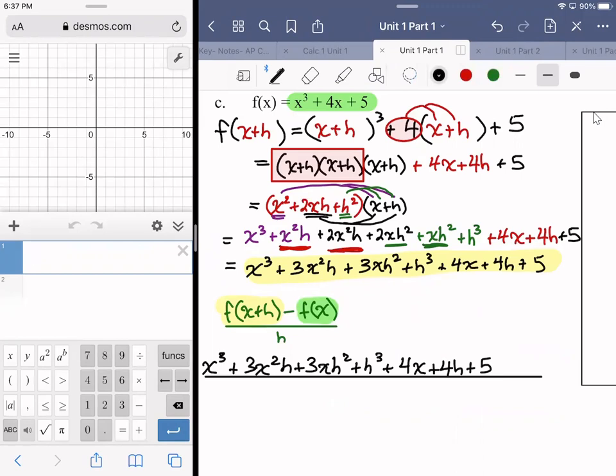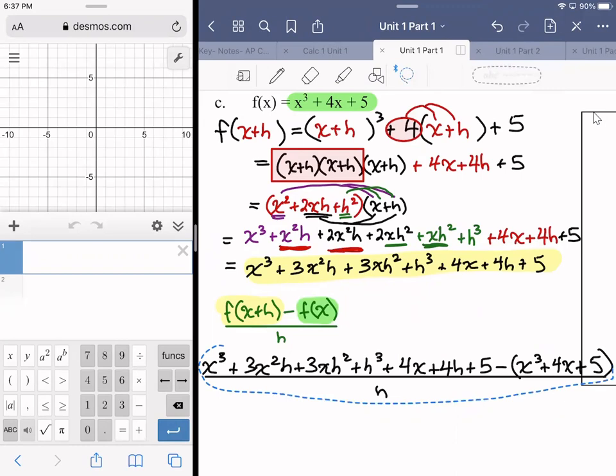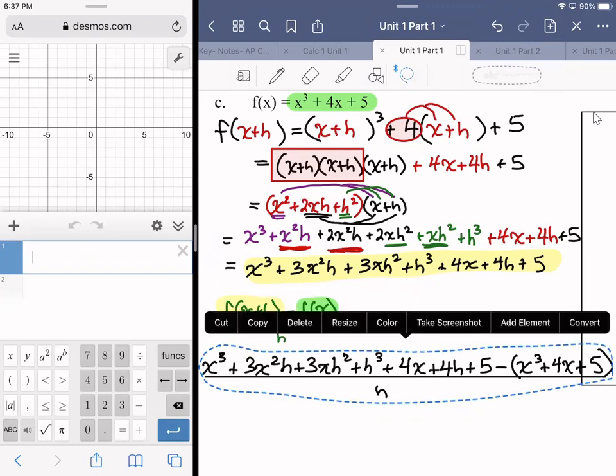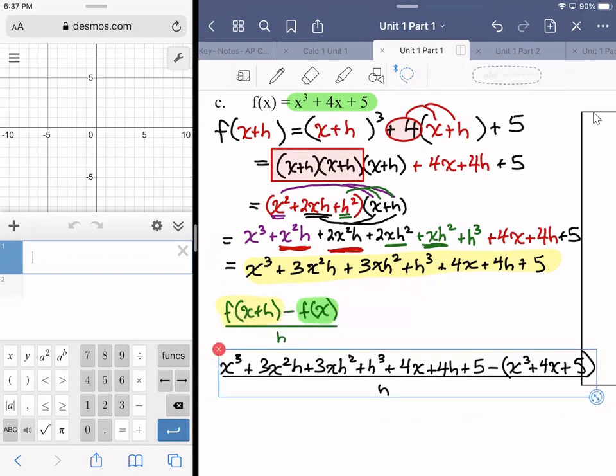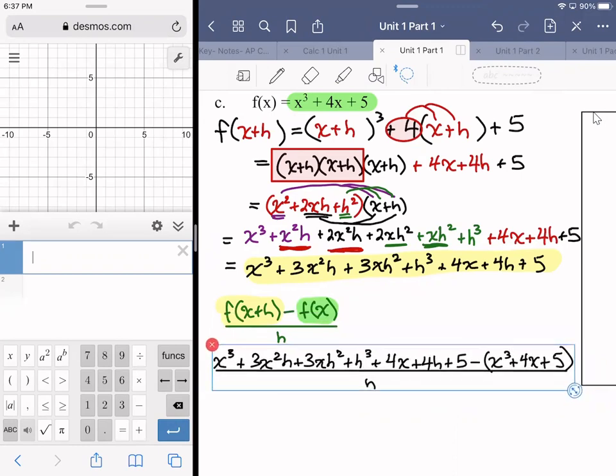Right? So from this, we subtract off x cubed plus 4x plus 5. Clean it up in a sec. All over h. All right.